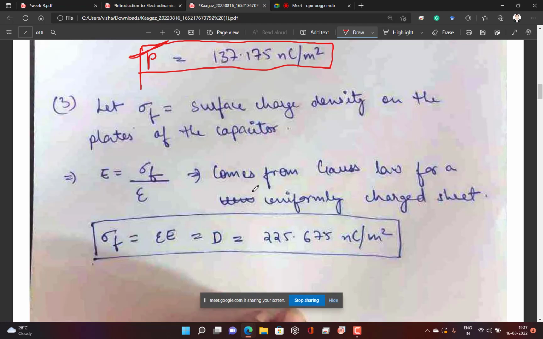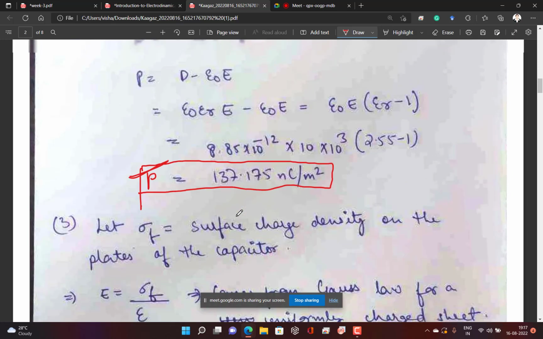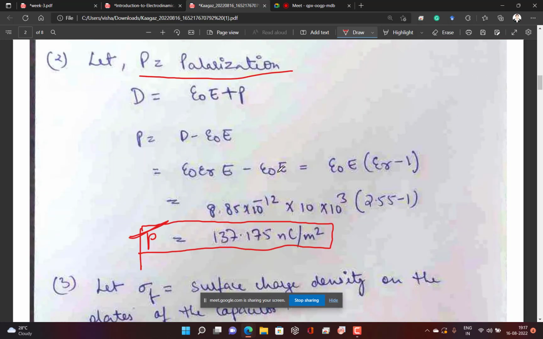Here the surface charge density will be epsilon E, that is equal to D. We have already found the value of D, which is equal to 222.675 nanocoulombs per meter square.